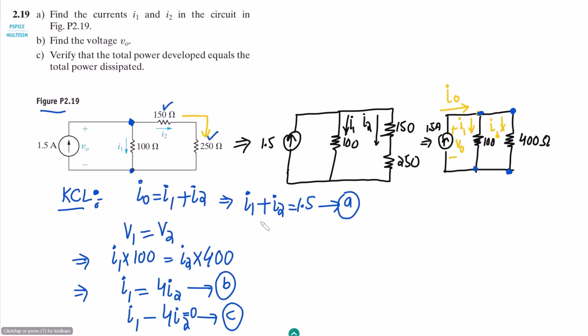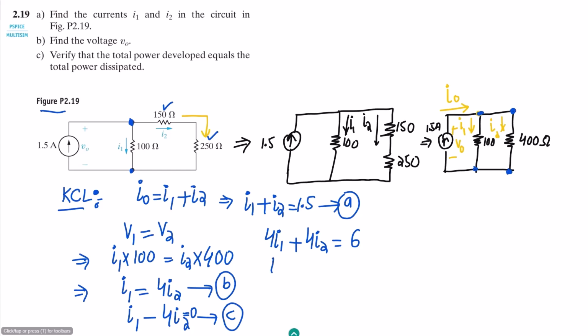Let me multiply equation A with 4 and then add A and C together. Multiplying with 4, I get 4I1 plus 4I2 is equal to 6, and the other equation is I1 minus 4I2 is equal to 0.